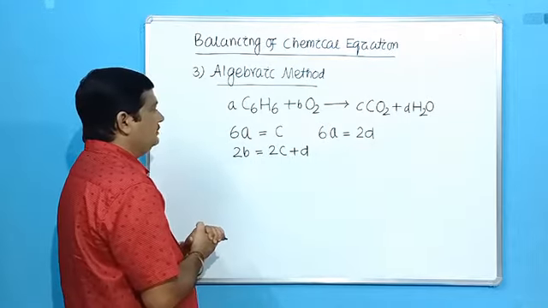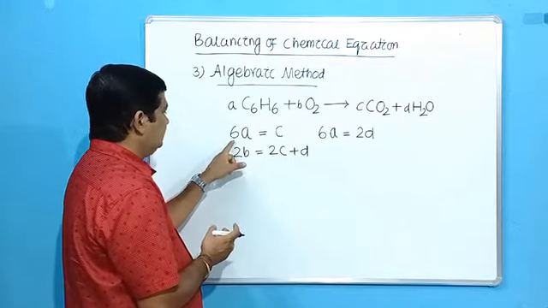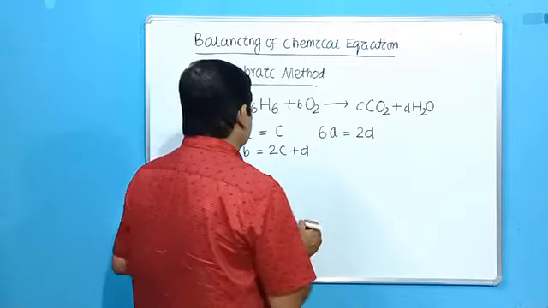Next we'll find out the values of A, B, C and D. Look, 6A is equal to C, 6A is equal to 2D.